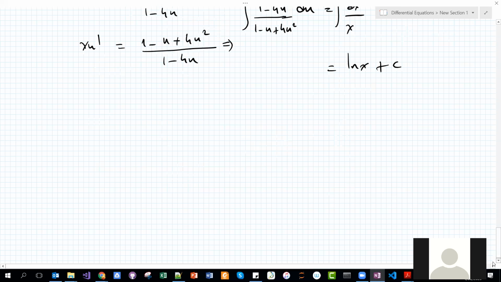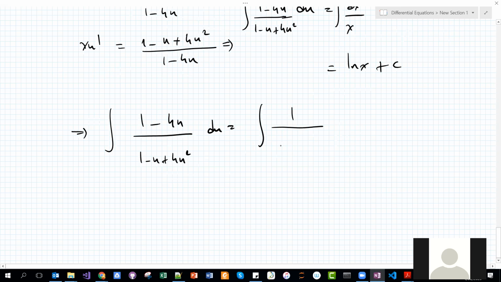Let me show it to you. So to take this integral, (1 minus 4u) over (4u squared minus u plus 1) du, at least I can give you a couple ideas. You need to split this up in this way. And for u, over 1 minus u plus 4u squared du.